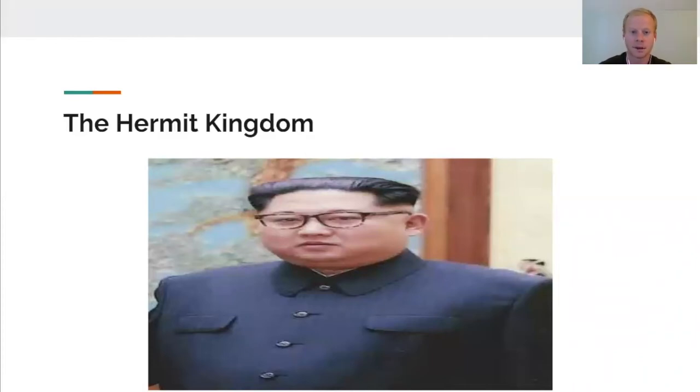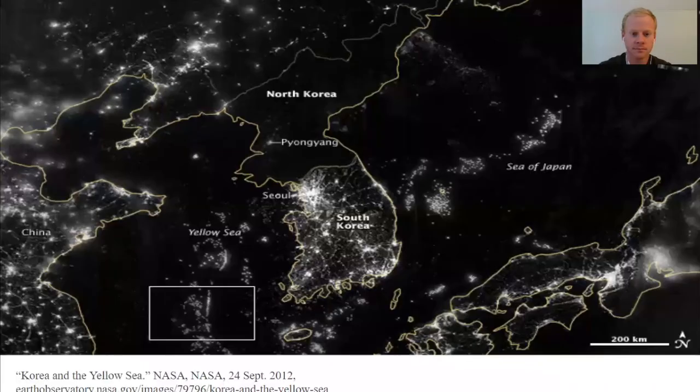Lots of people die of starvation. There's tons of famine. Most of the country lives in abject poverty. So North Korea is a mess, in other words, but its people are brainwashed to think that the rest of the world is a mess and that they're the best. This map that we're going to analyze together kind of shows really how backwards North Korea is.